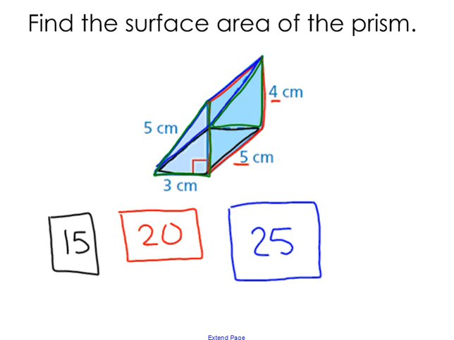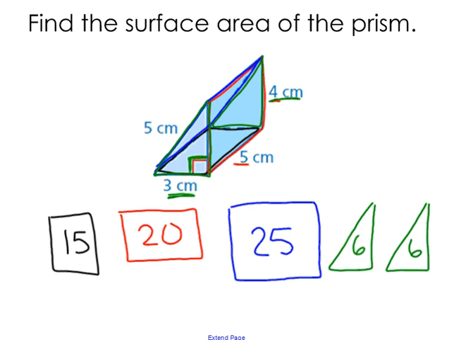So remember, this right angle symbol here tells us to use 3 and 4 for our length and width. So for each of those triangles, I'm going to have length times width, which is 12. 3 times 4 is 12, divided by 2 is 6. So now I have two triangles, each with an area of 6 square centimeters.